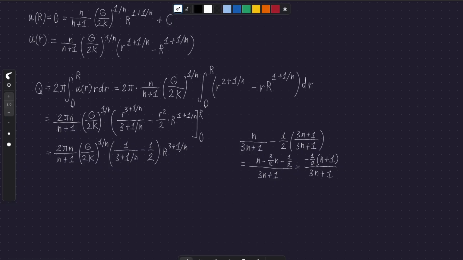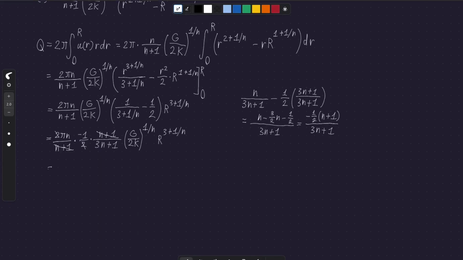Cool. And now we can plug it into our main formula. So we have this minus because it's a pressure drop. And you will notice that the n plus 1s are going to cancel out very conveniently, as well as the 2. And we're left with this.